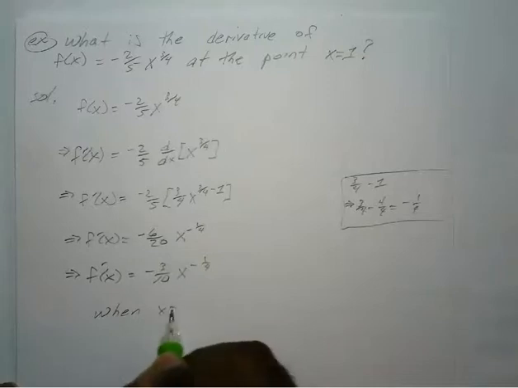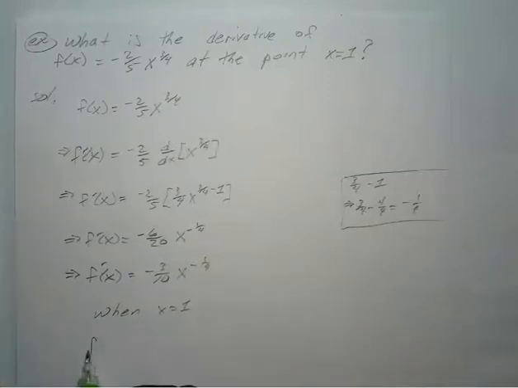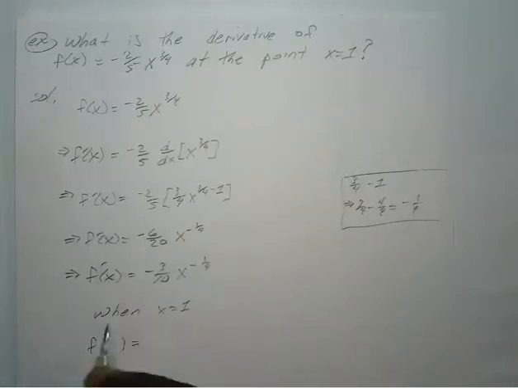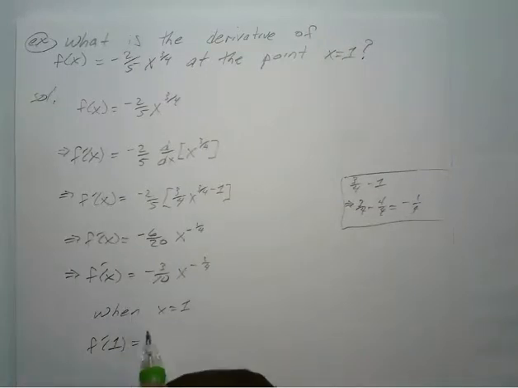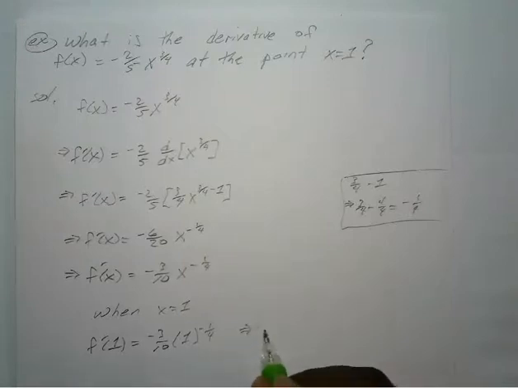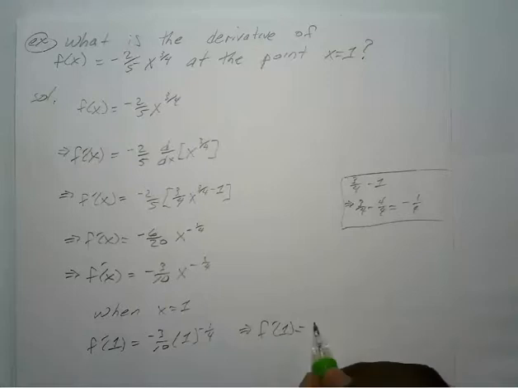So when x is equal to 1, we replace x with 1. So f prime of 1 is equal to negative 3/10 times 1 to the negative 1/4 power. 1 to any power is just going to be 1, so we end up with negative 3/10.